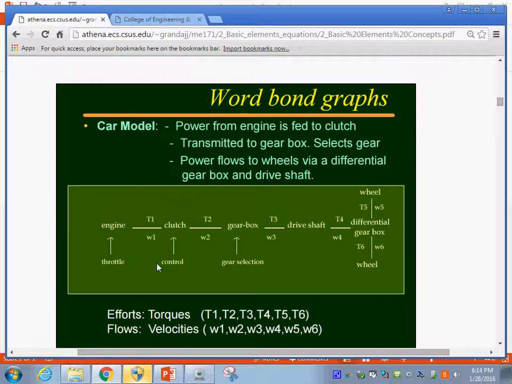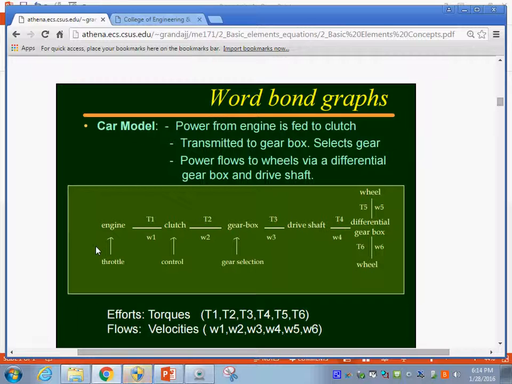This is an entire vehicle modeled after this idea, where we have the engine, and you see the engine by itself. It is in fact a control system, because the throttle controls how fast the engine is rotating.